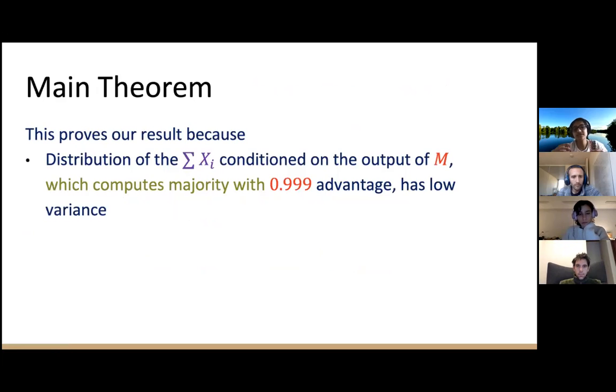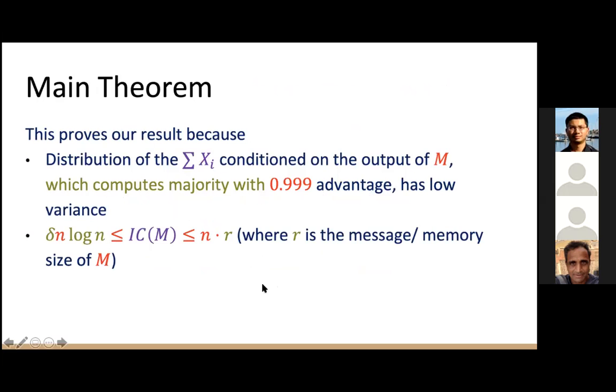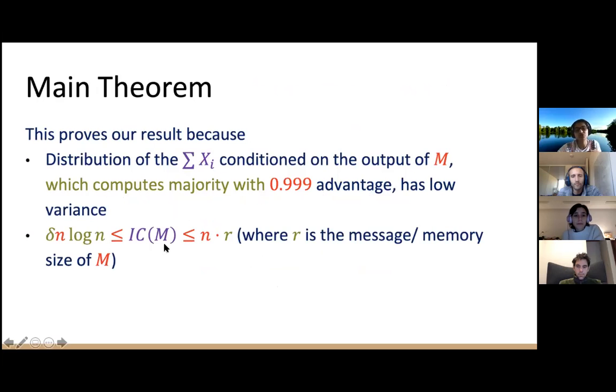So using this variance information trade-off, we can prove our main result because of the following two bullet points. First, the distribution of the sum of xi conditioned on the output of M, which computes majority with 0.999 advantage, has low variance. Because the sum has low variance, this implies that the information cost of this protocol should be greater than or equal to delta n log n.